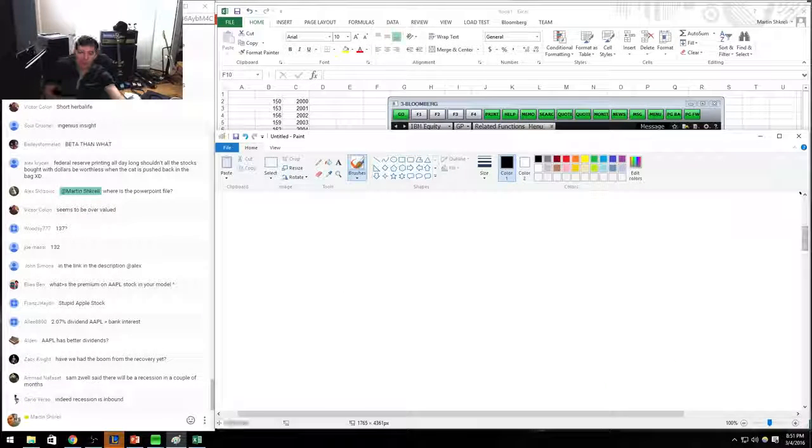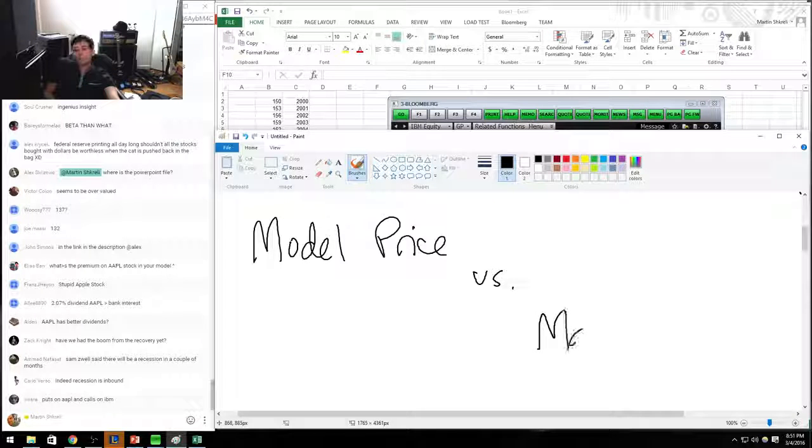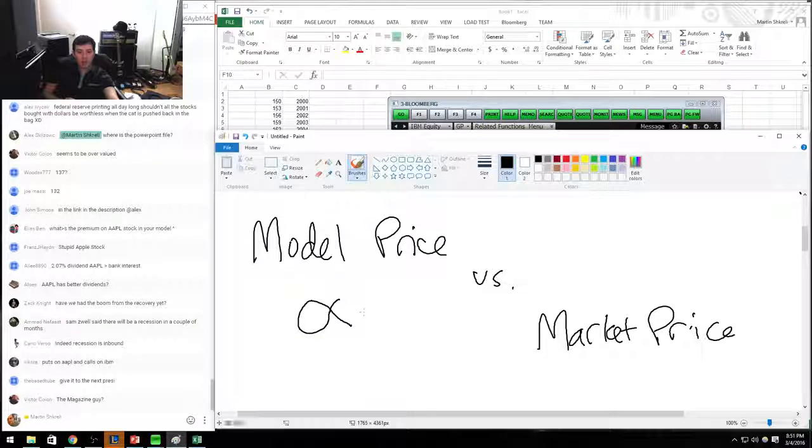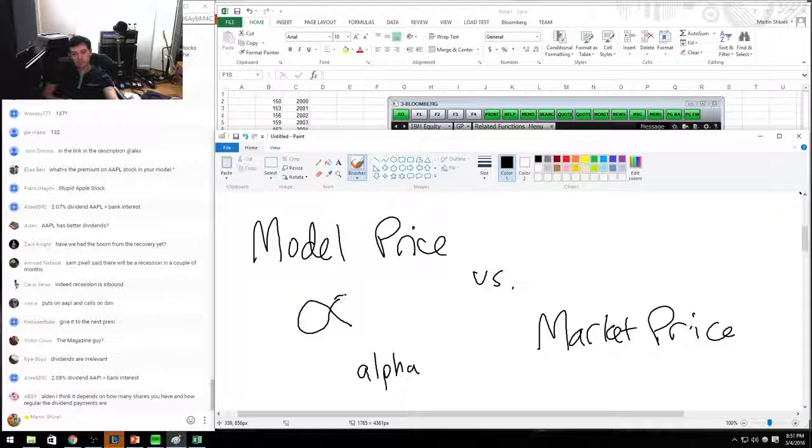So the concept of our modeled price or expected price versus the market price, we can actually call that alpha. And that's what it's called, alpha. Beta is the market movement.